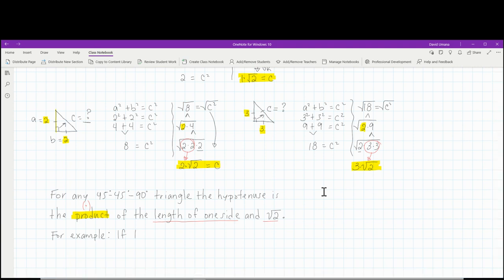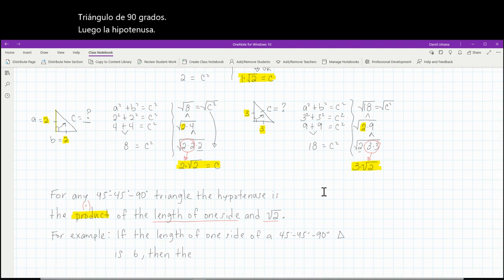if the length of one side of a 45, 45, 90-degree triangle is 6, then the hypotenuse is 6 times the square root of 2.